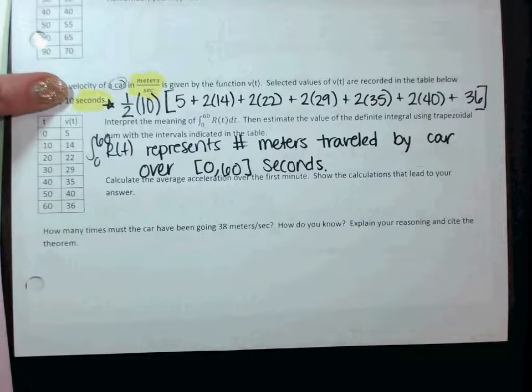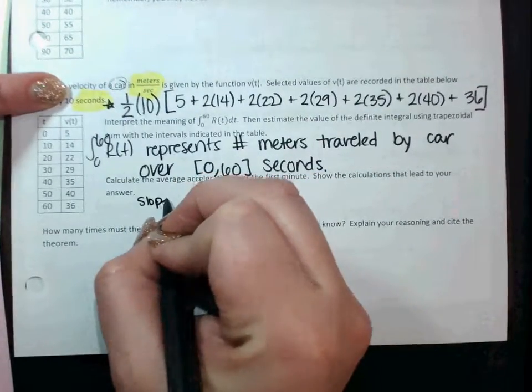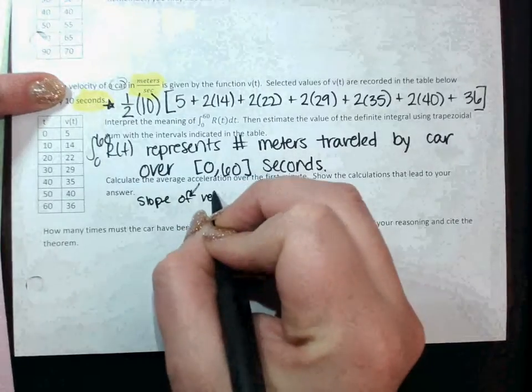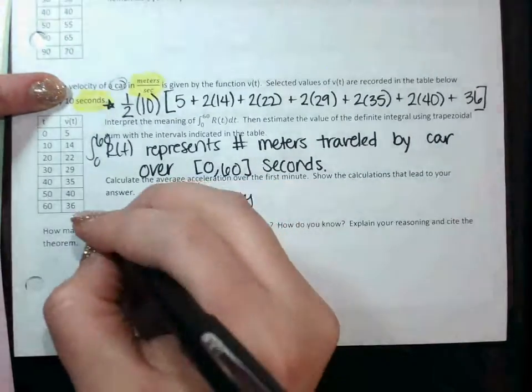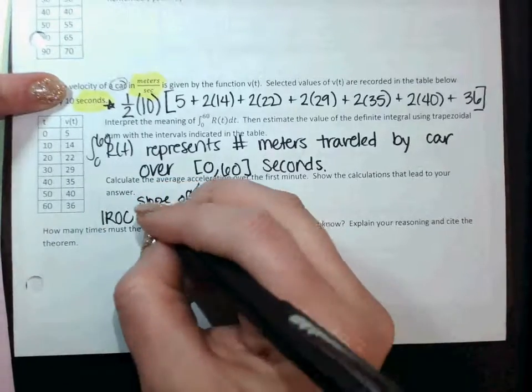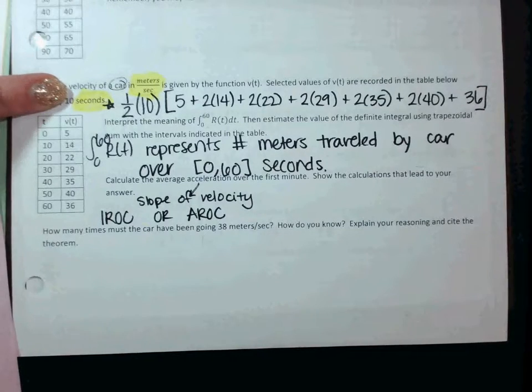You can take the derivative and plug it in. So hold on, let's write this. Acceleration is the slope of velocity. And then there are two kinds of slope. You can do I-rock or you can do A-rock. Whenever you have a table, you have to do A-rock.